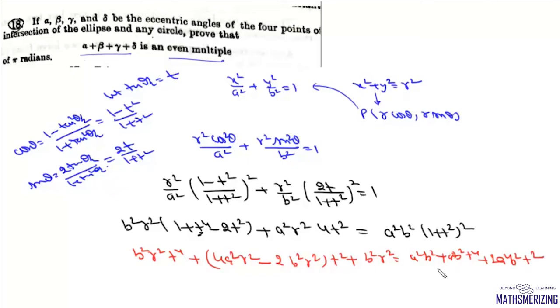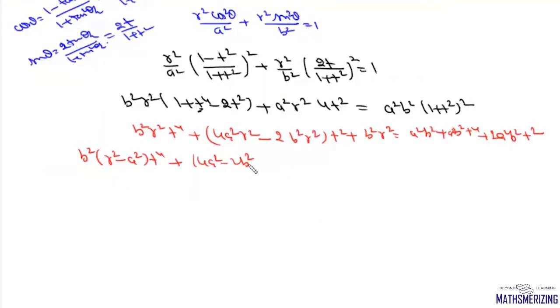So we can actually write this equation as b square (r square minus a square) into t to the power 4 plus (4a square r square minus 2b square r square, and then we have this t square here also, so it will be minus 2 a square b square) t square plus b square into (r square minus a square) equals 0. Now we'll divide everything by b square (r square minus a square).